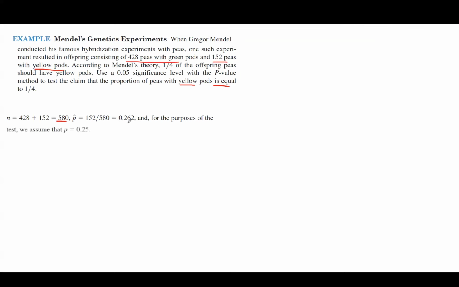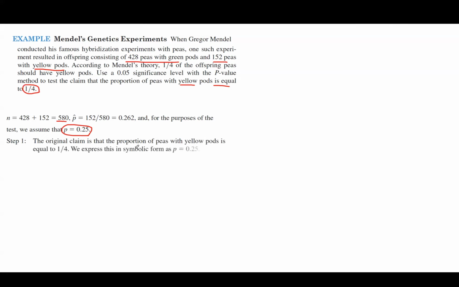Now, since the claim is the proportion is 1/4, we can write it as the population proportion is 25%, which is exactly the same as 1/4, but in context, you're going to convert that into decimal. The original claim is that the proportion of peas with yellow pods is equal to 1/4.